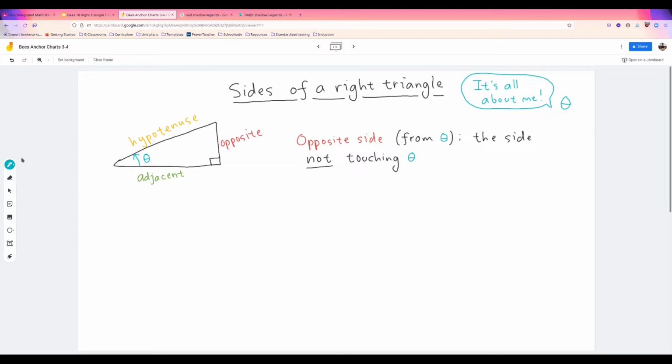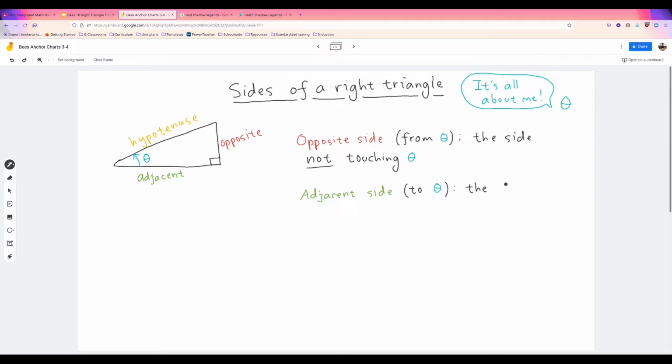The adjacent side, and it's adjacent to theta, is the shorter side, or the leg.